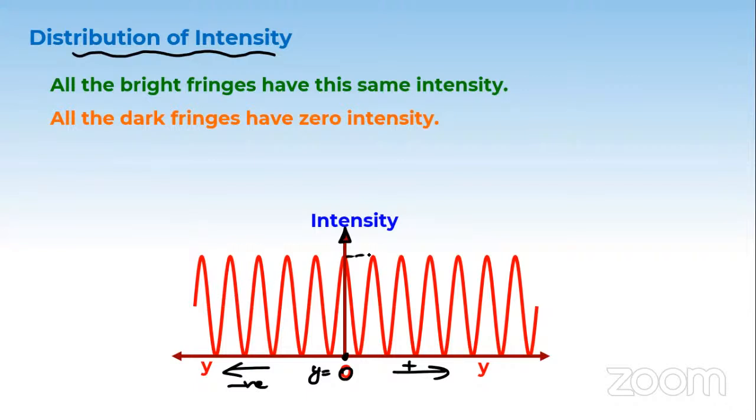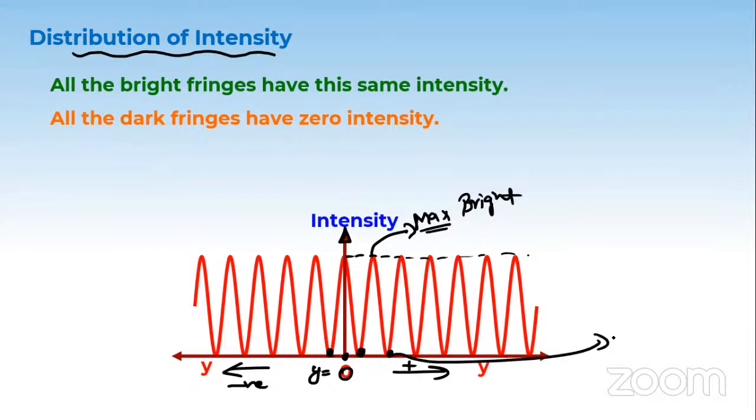Why? Because these points you are able to see here are the points of maximum intensity, it means bright spot. And these minima you are able to see here are dark bands. These are bright bands and these are dark bands. This is just a paper pen representation, the graphical representation of what we are able to observe on the screen.